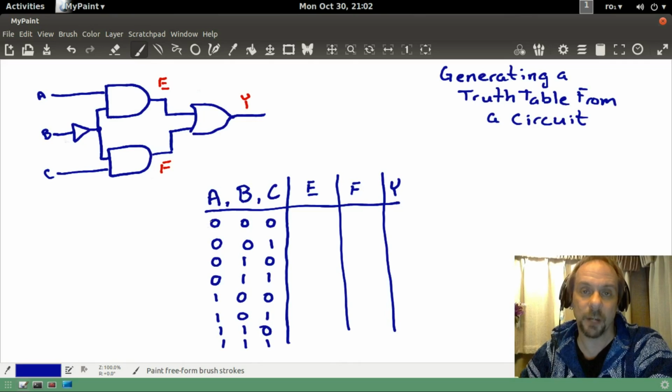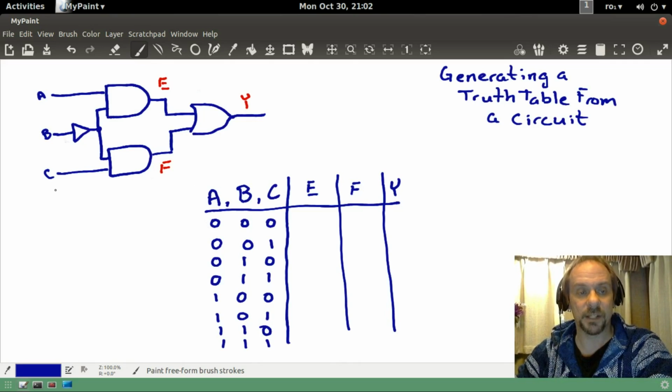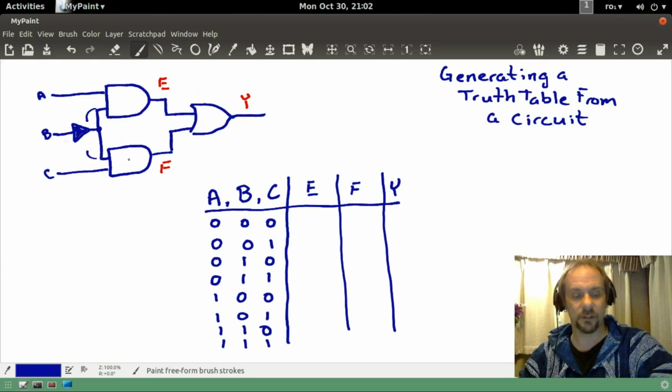We, of course, have to set up our guides. We have 3 inputs, A, B, and C. Note that B is negated here, and that negation feeds into both E, this top gate, and this lower gate, which are both AND gates.